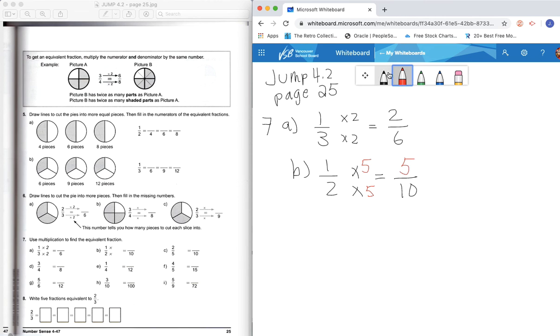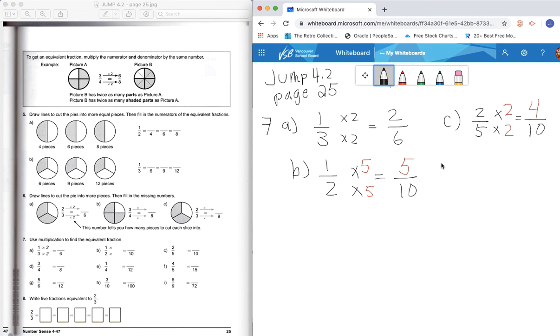5. Okay. C, 2/5 times something equals something over 10. So 5 times what equals 10? 2. So it has to be exact same number. So it has to be 2 again. 2 times 2 equals 4.